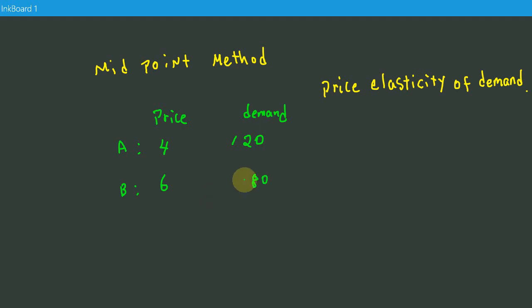In our previous study, we computed the price elasticity of demand. We move from A to B, and then from B to A, but the proportion, the rate of change, is the same.